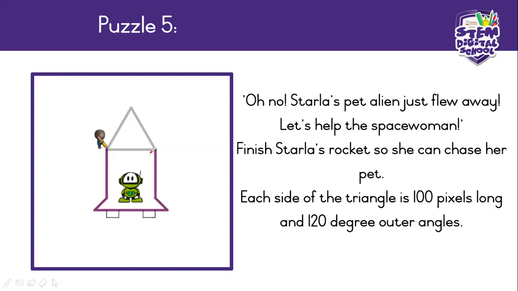Now each side of this triangle, and your code.org will tell you this as well, is 100 pixels long. So this is 100 pixels, this is 100 pixels, and this is 100 pixels. Now, the outer angles, these two, are both 120 degrees. So when we do puzzle 5, we will have to set it to 120 degrees, and then when we move to draw our lines, we will have to use 100 pixels.